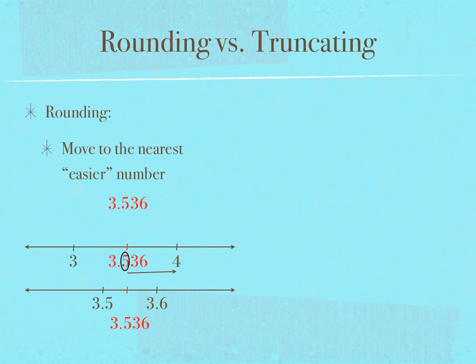In this case, we're rounding to the nearest tenth, so we're going to look one digit to the right of the tenths place, and that's this 3 that's in the hundredths place. This number is less than 5, and so in this case we round down. 3.536 is closer to 3.5 than 3.6.